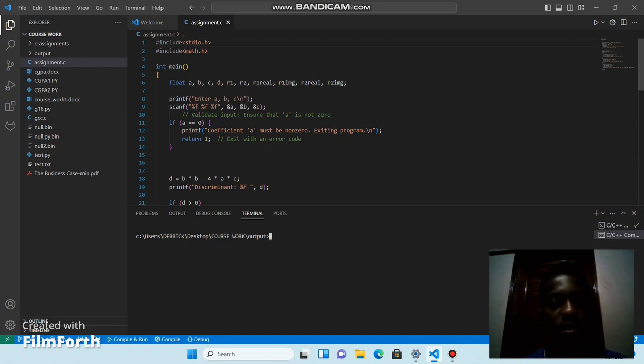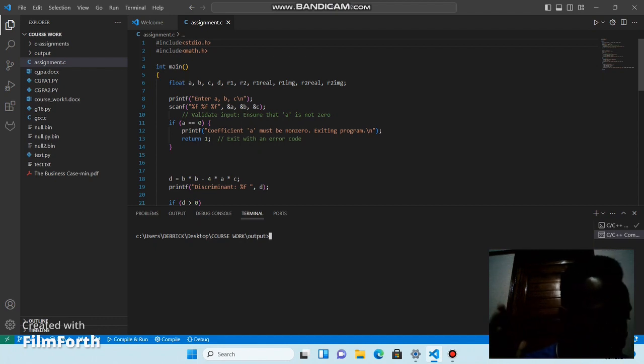So we type printf, enter a, b, c, and scanf. Scanf allows us to read from the keyboard. So %f, %f, %f, and a, b, and c. So we continue. Now we have finished the first condition.